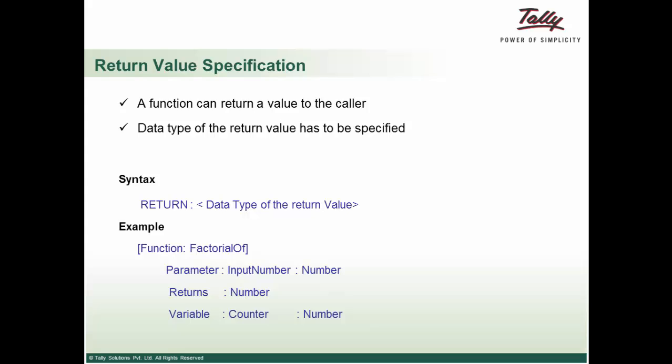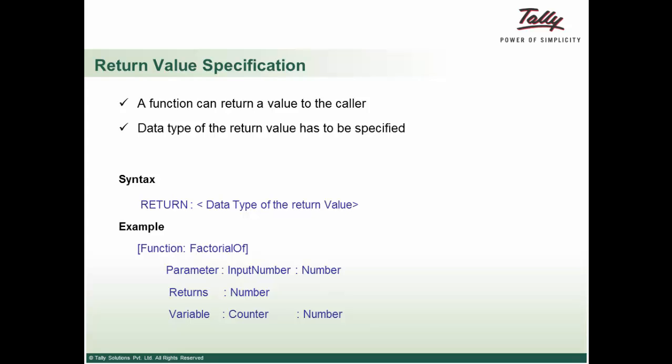If the function has to return a value, then you will have to specify the attribute return with the data type of the returned value. Whether it will return a number, a string, an amount, or a logical value, what kind of value it would return is what we will specify.